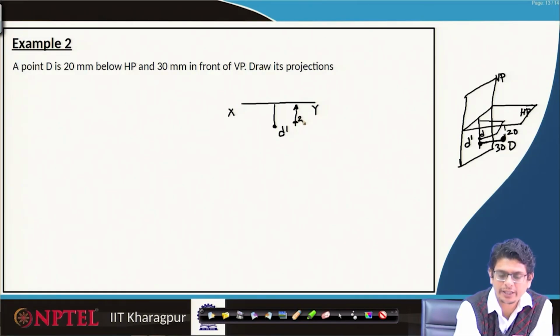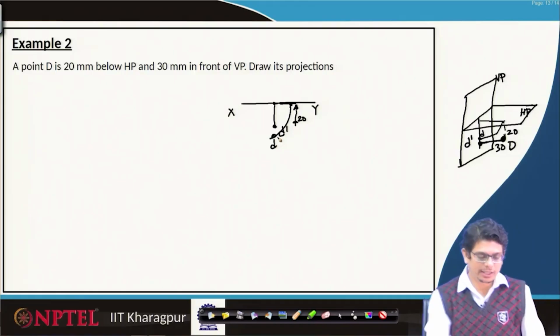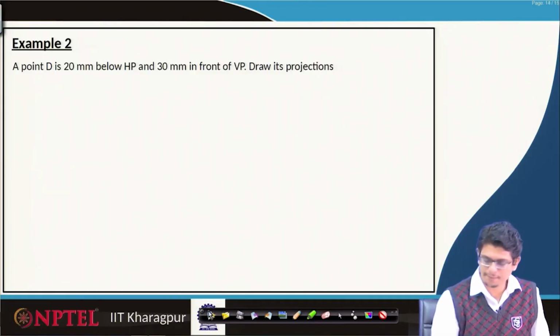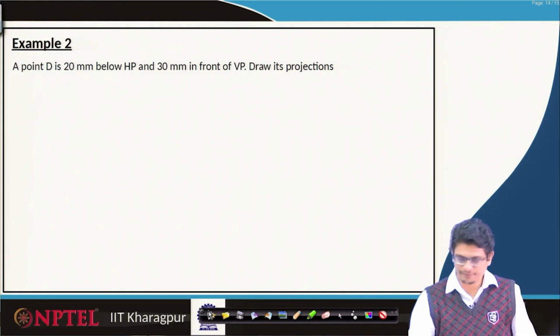So, locate 20 mm down, then project this one onto the top one, 30 distance we will have. So, from the origin make something like 30 mm somewhere here, then transfer that by radius. So, this will be D. Let us look at the solution on our drawing sheet.